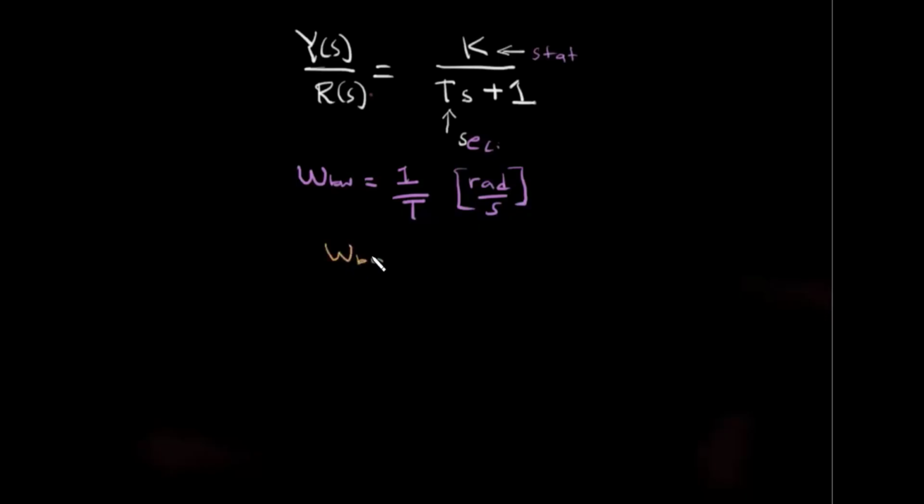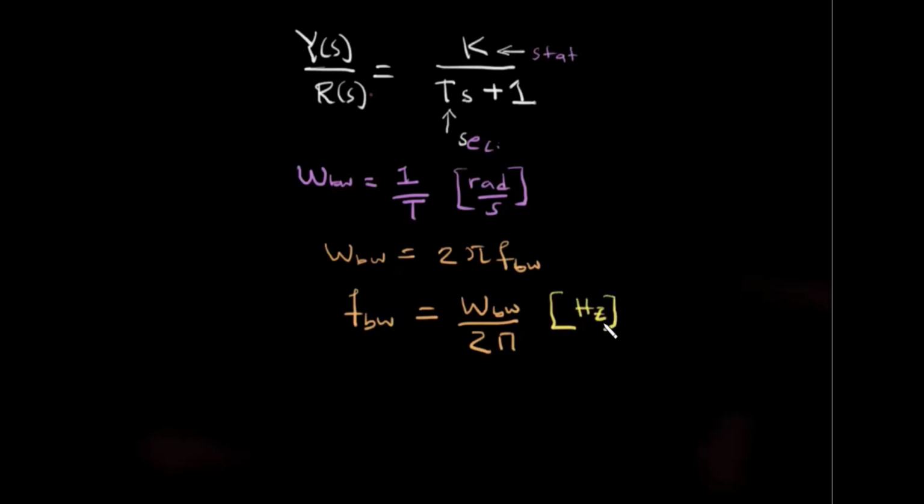Omega bandwidth equals 2 pi f bandwidth. So f bandwidth will be equal to omega bandwidth over 2 pi, and this can be measured in hertz, as we know.